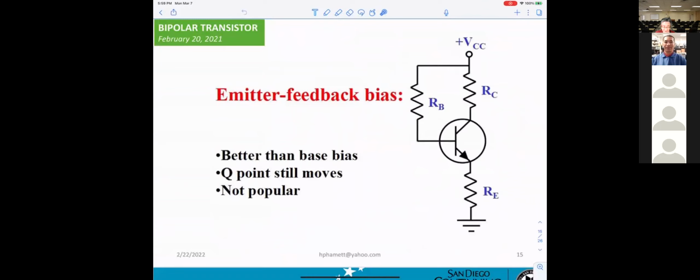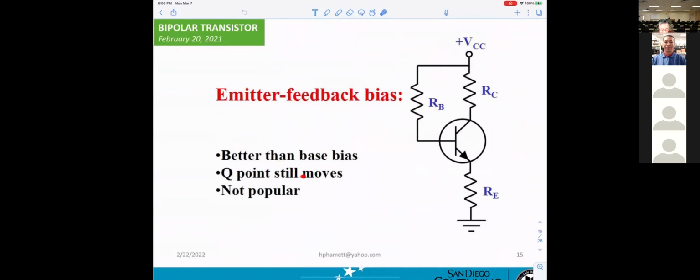Now, this is another way to bias the transistor. They add emitter feedback bias. They will be connected this way. However, they say it's better than the base bias.